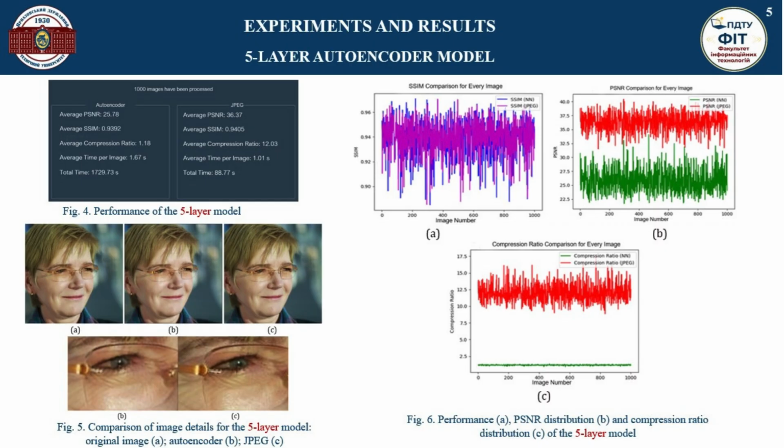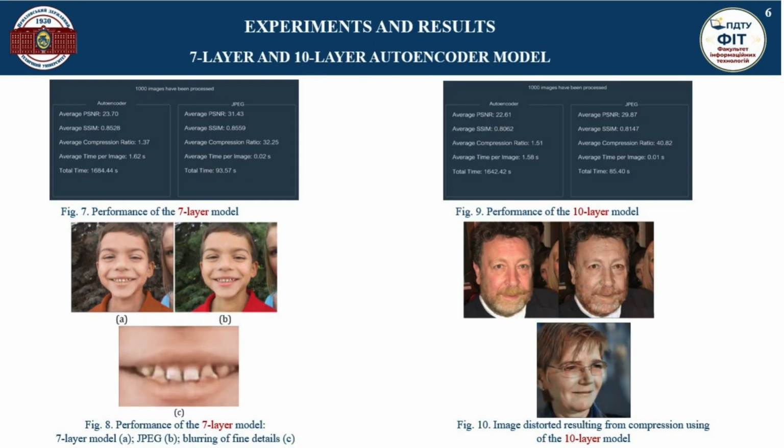However, a small increase in compression ratio is observed. This indicates that the compression process performed by the autoencoder is lossy, with the compression ratio depending on the quality of the original. We now turn to the performance of the 7-layer autoencoder model, slide 6, Figure 7.